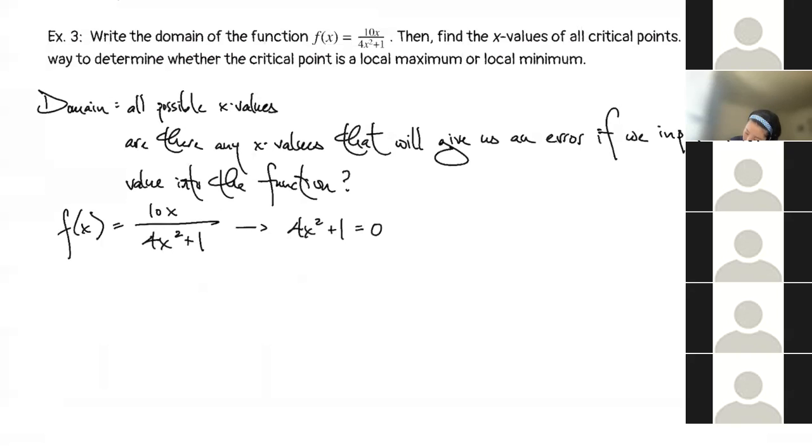Okay. So if we solve for x, we'll get x squared equals negative 1/4, and then x equals plus or minus the square root of negative 1/4. All right. A value for this?